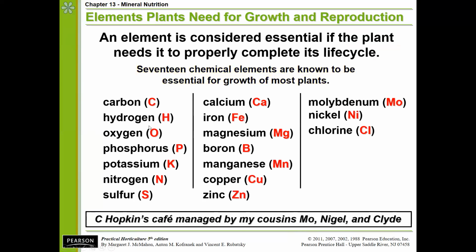You can make up your own there, but if you look at just the elements here, C being carbon, Hopkins being the rest of the major macronutrients, Cafe being calcium and iron, managed, Mg, by boron, my cousins, Mn, being copper and zinc, Mo, molybdenum, nickel, Nigel, Clyde, Cl.